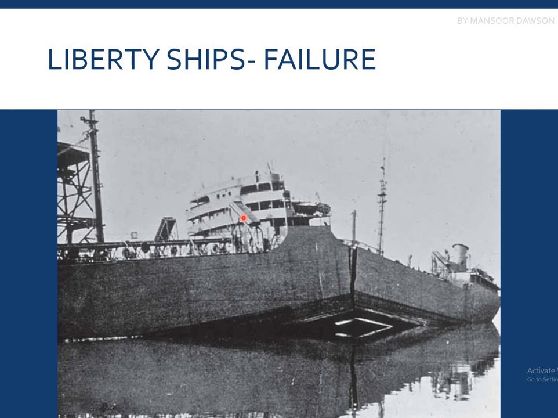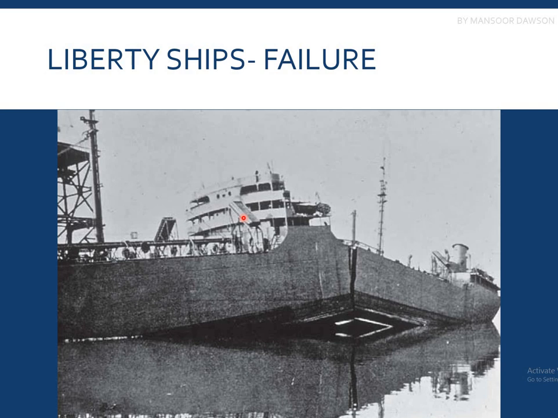So in that case, the ships failed, and one of the other reasons was that these ships were welded rather than riveted. The design parameters of these ships required riveting, but they used welding so that they could mass produce the ships in a very small amount of time.